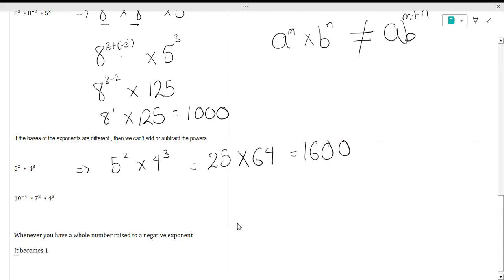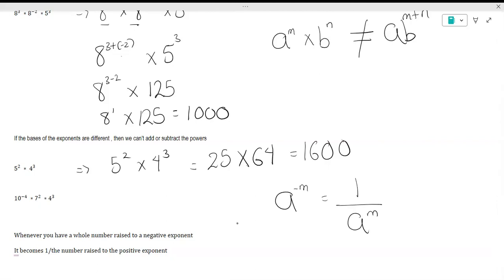What do I mean? If we have a raised to the power minus m, that is equal to 1 over a raised to the power m.